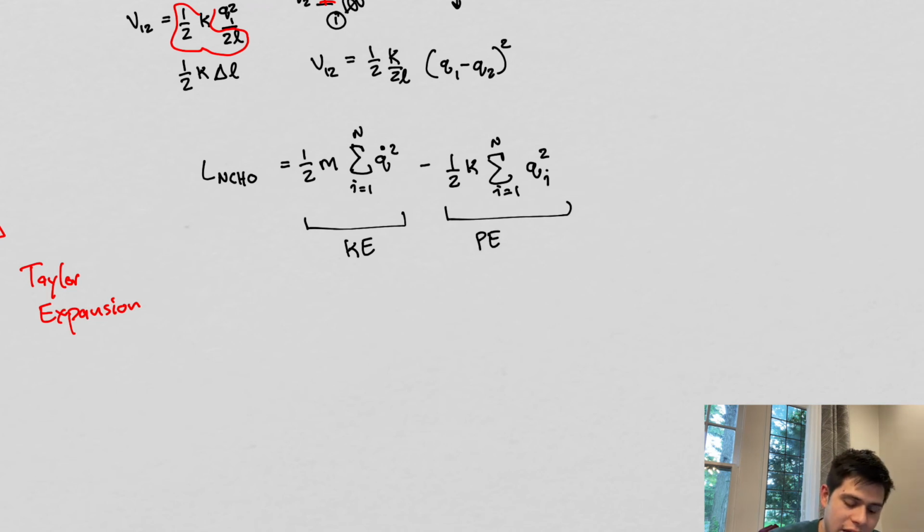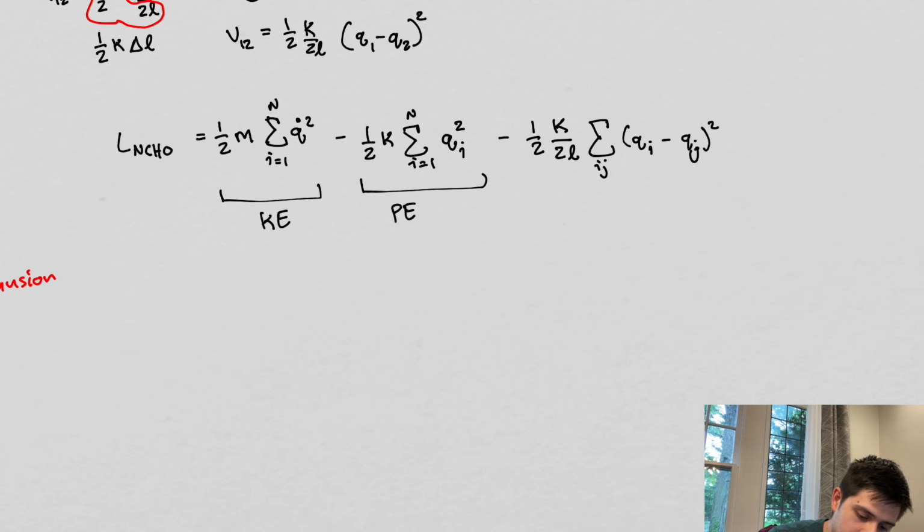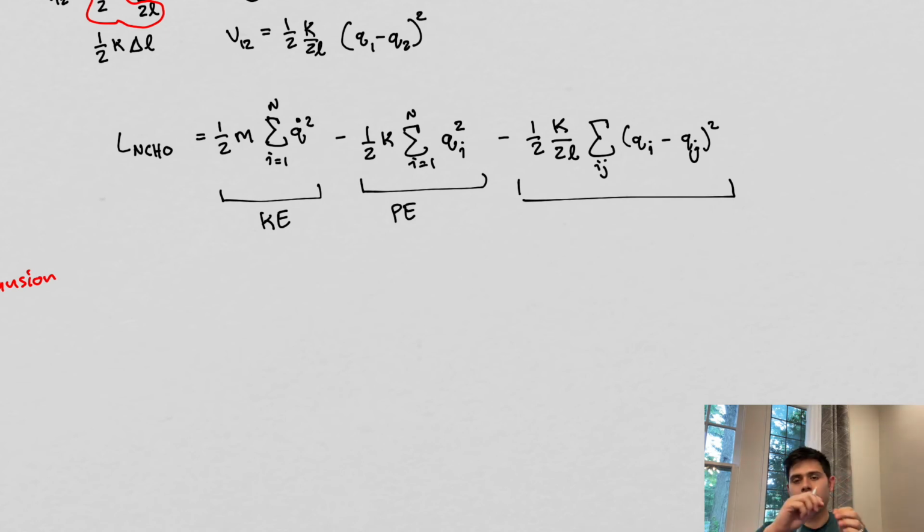And then we have this added 1/2 k over 2L, and we sum over i and j in this case, of (Q_i minus Q_j) squared. Okay. And so this is the potential energy that's associated with the coupling between 2 neighbors.